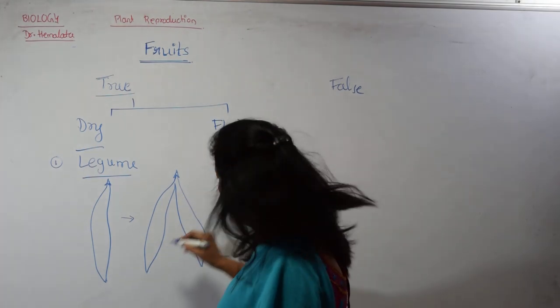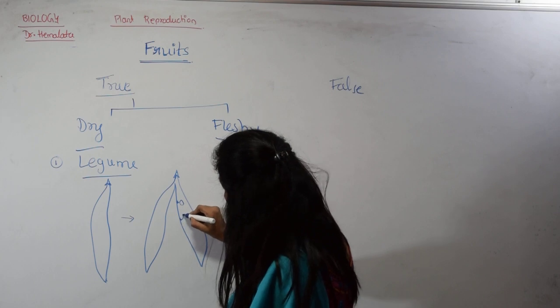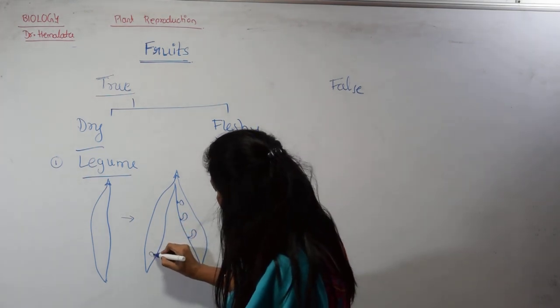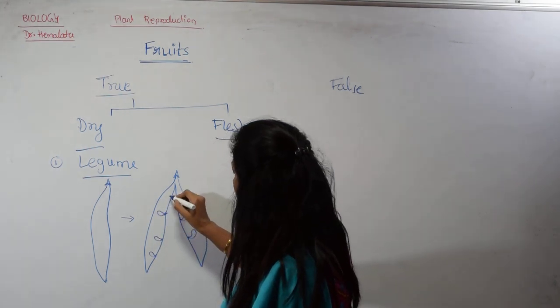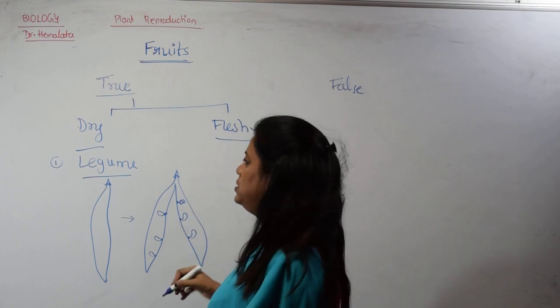This is dry, right? On this, there will be ovules attached, which are on marginal placentation. So you can see here I am drawing marginal placentation, the placenta is here, right? Like this. This is the leguminous fruit.